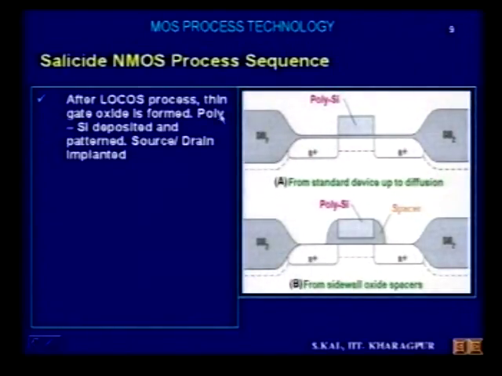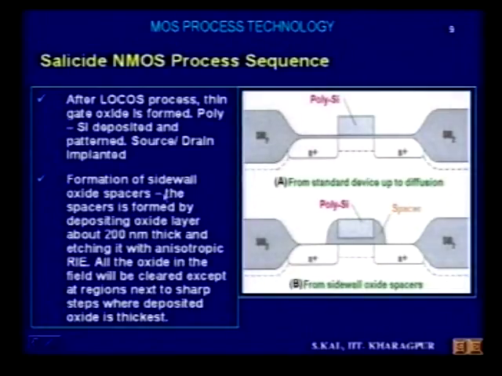So after LOCOS process, thin gate oxide, of the order of 1000 angstrom or even less, is formed by thermal oxidation. Then deposit polysilicon and pattern polysilicon in the gate region. Source drain are implanted here and here. So this is formed. Next, formation of sidewall oxide spacer.